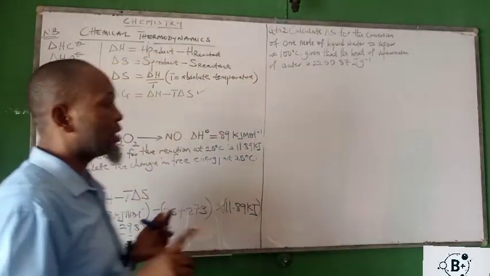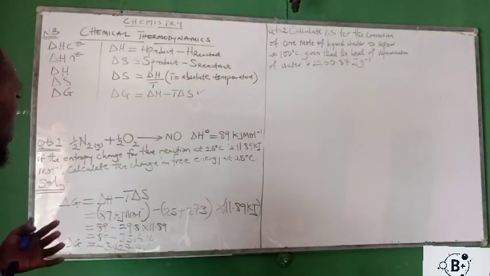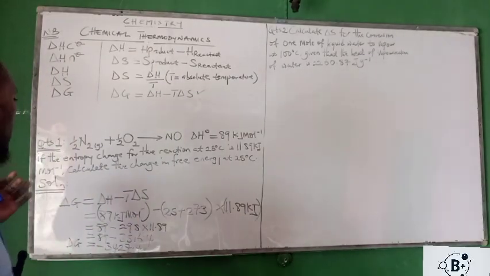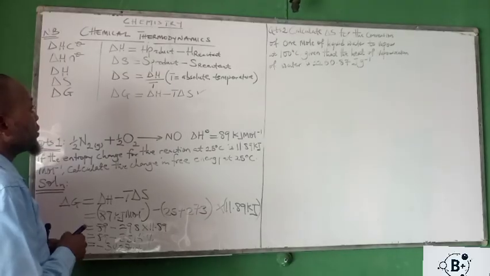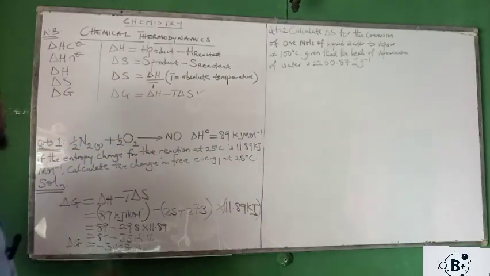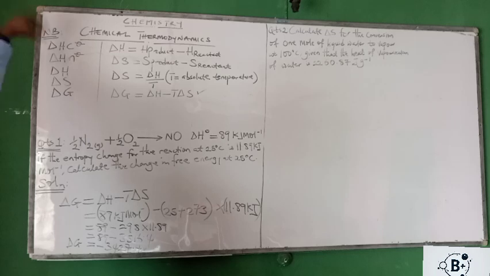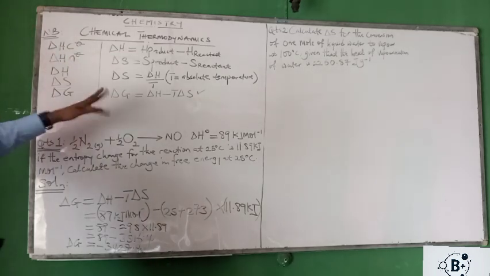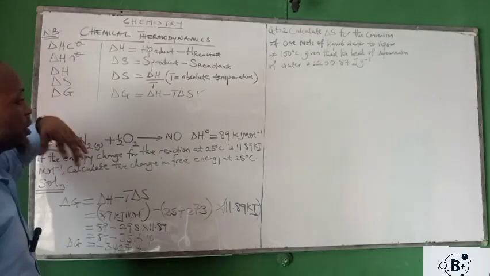Please understand that sometimes the questions you will have will be, what is the meaning of the notation? We have several notations that you could be asked to give the meaning of.